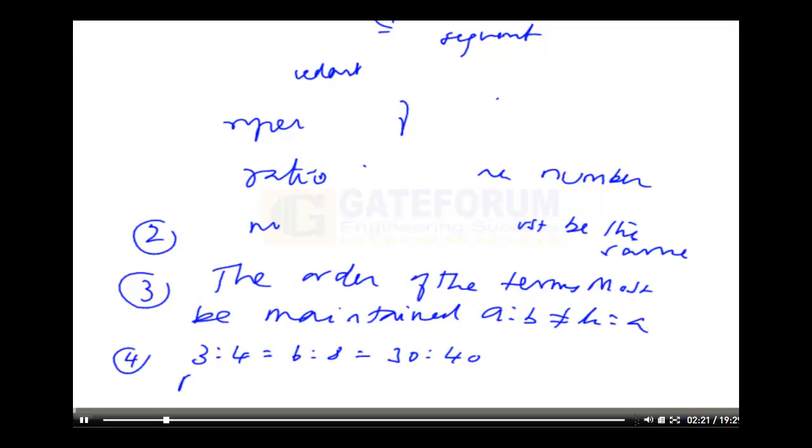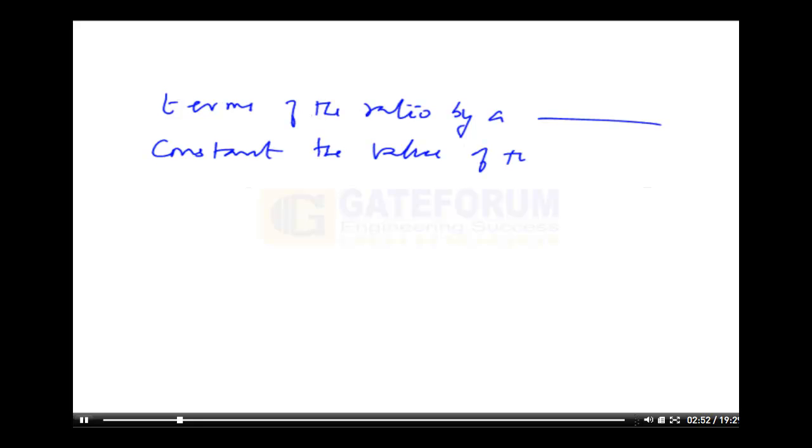What is done there is, by multiplying or dividing the terms of the ratio by a constant, the value of the ratio remains unchanged.